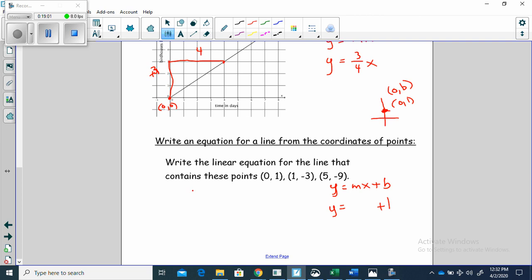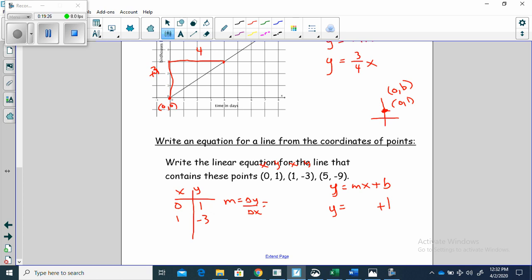Now we need to find m. What if we set up a chart with x's and y's in it? We know that m is equal to change in y over change in x. This is the x and that's the y for this point, 0, 1. x and y, 1, negative 3. I don't even need the third point.